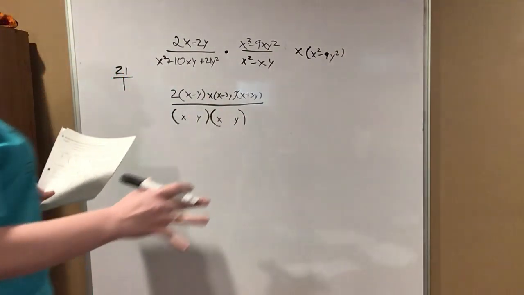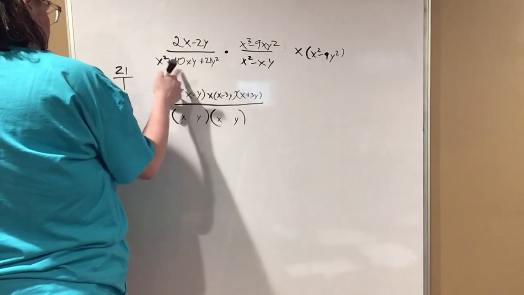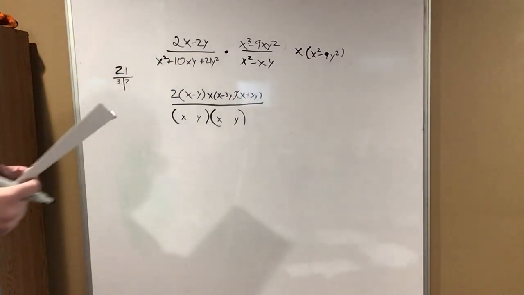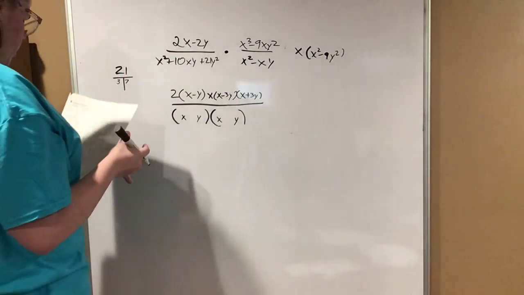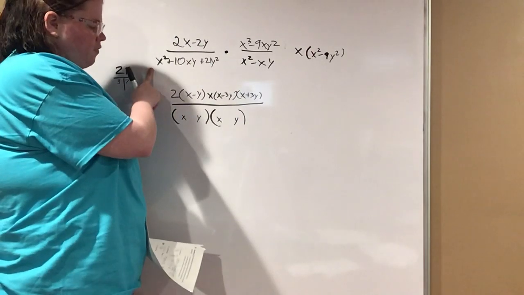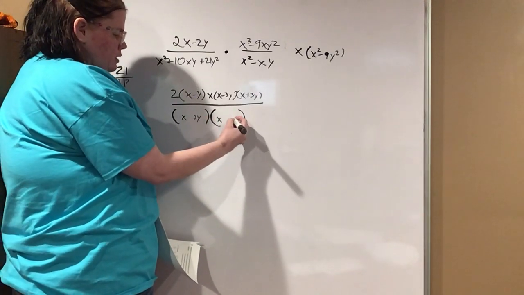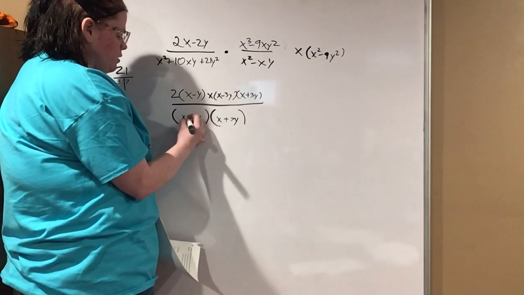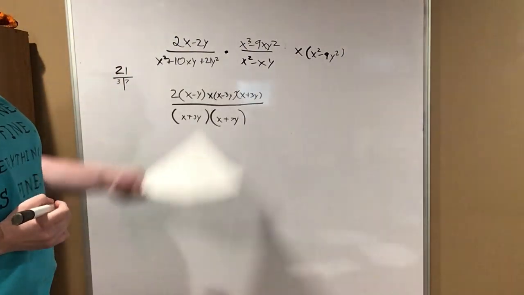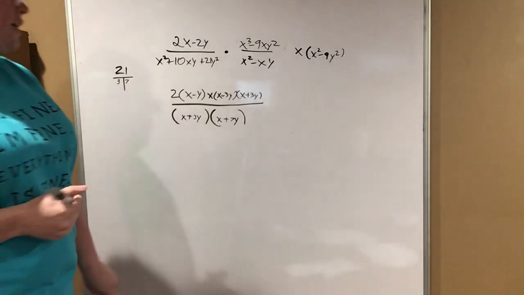So I know that much so far, but we need factors of 21 that are going to add up to 10. Well, 21 is 3 and 7. But where do they go? That's the question, right? So the x is by itself, but the 21 is not. So this is 3 and this is 7, and they're both addition. Because when you multiply that back together, you get the xy in the middle and a y squared on the end that equals 21y. So now let's factor this guy.